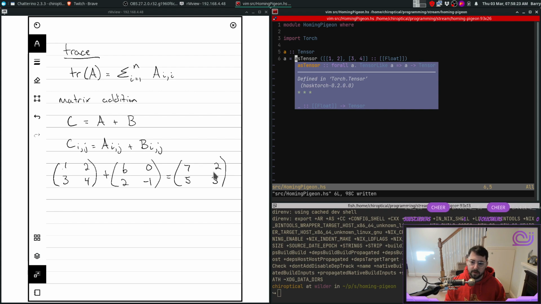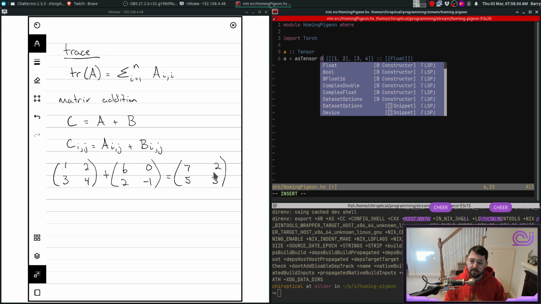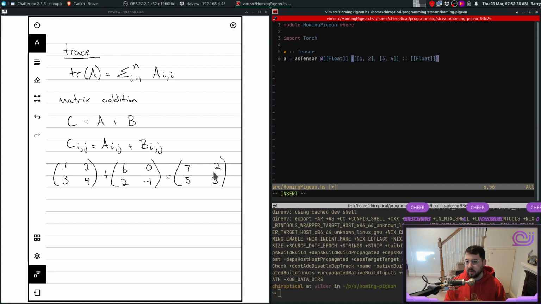Interesting. Okay, so we're specializing it to list of float. So we might be able to say at. I want to see if we can use type applications. Looks like yes.